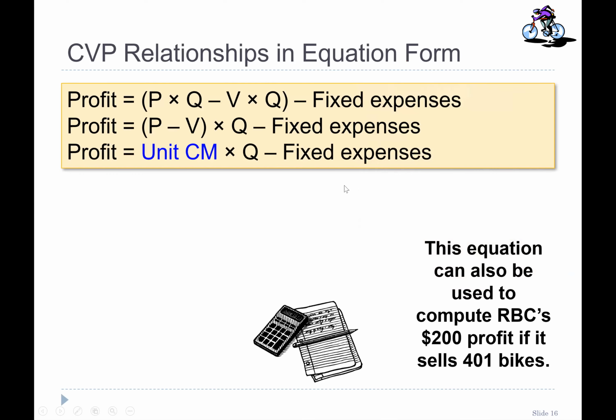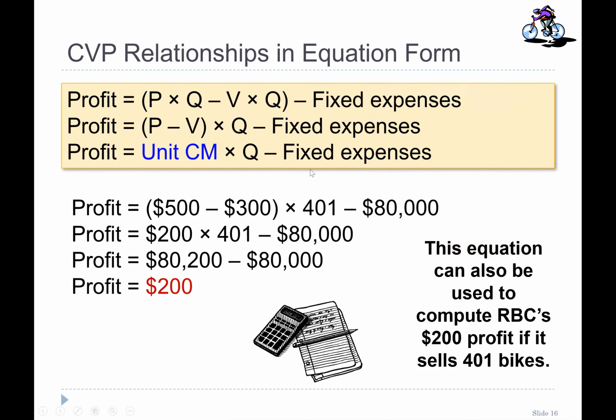So let's verify this one. So if we sell 401 units, our sale price is 500, and 300 is our variable cost. You just rearrange this equation at each and every step, and you will find out the same profit.